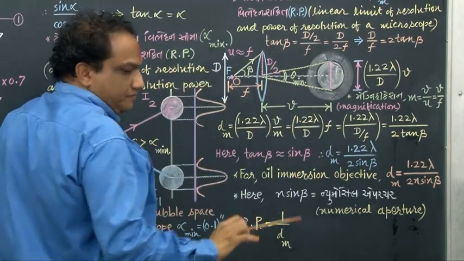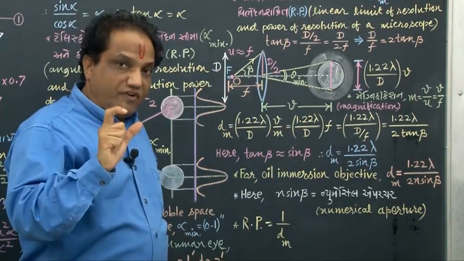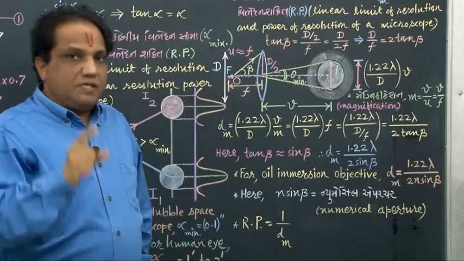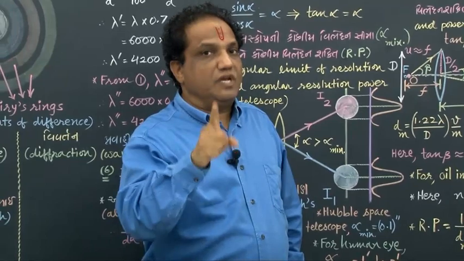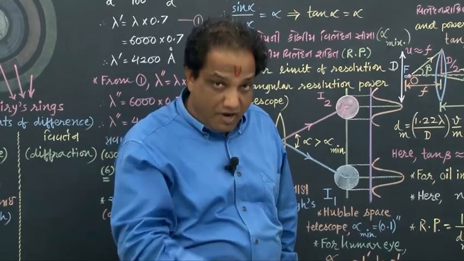Now tell me, how is the quality of a microscope decided? That microscope is said to be of best quality whose linear limit of resolution is minimum.